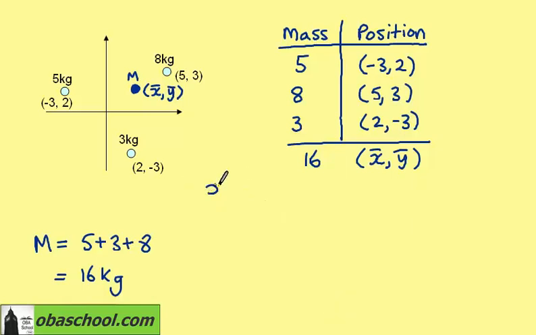To find y bar, we take moments using the x-axis as our axis of rotation. So for the 5 kilogram mass, we do 5 times 2. Remember, the y-coordinate gives the distance from the x-axis. Then we have 8 times 3, and 3 times -3 is equal to 16 y bar.